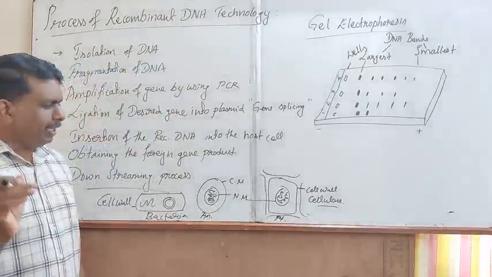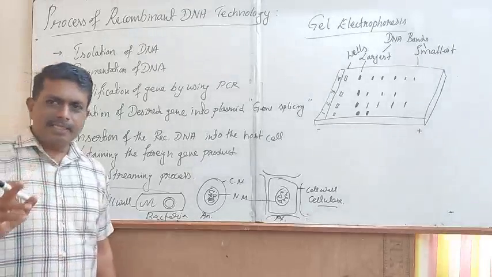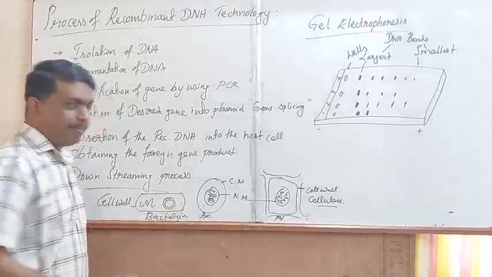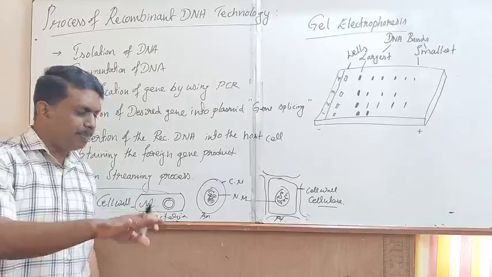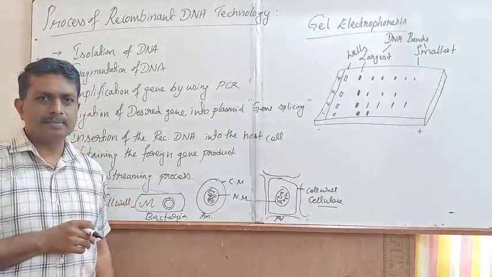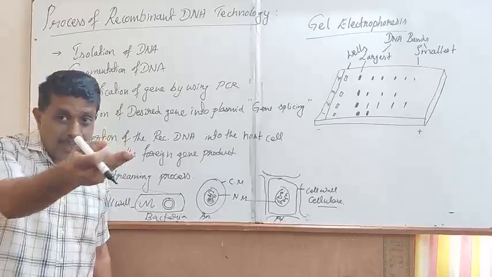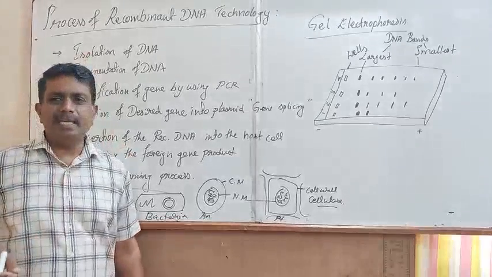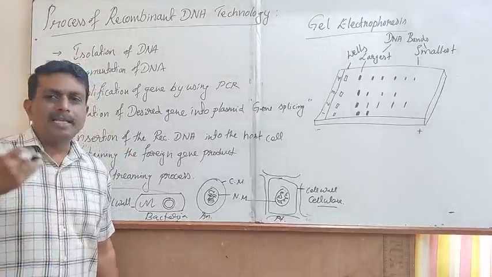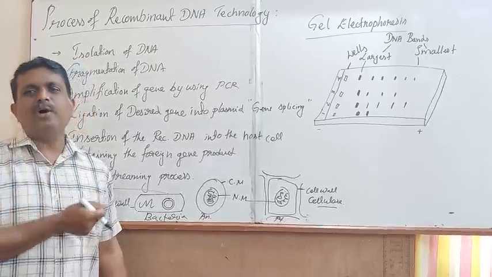The first step is the isolation of genetic material. Since the DNA is embedded within the nuclear membrane in case of both plant cell and also in case of animal cell, in order to obtain the DNA, we have to break the cell membrane and nuclear membrane.